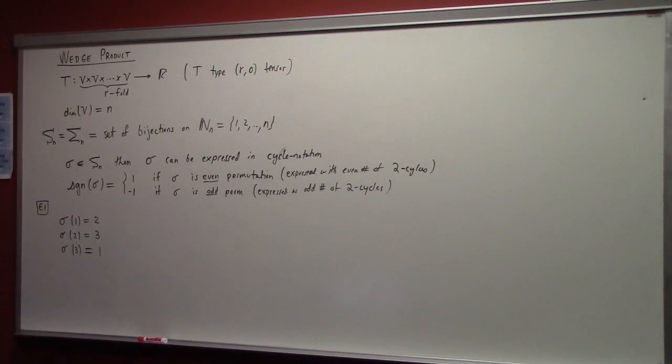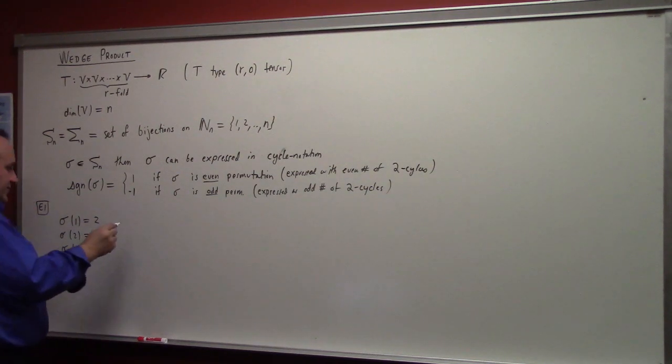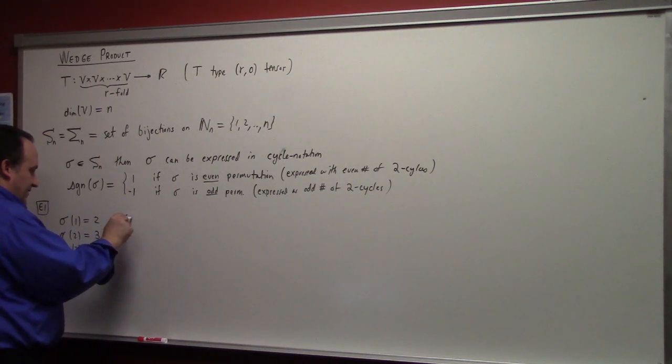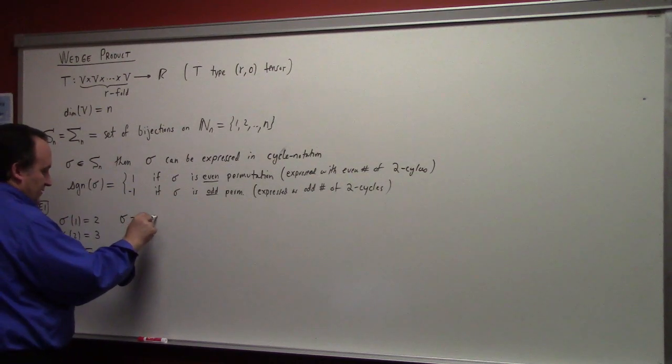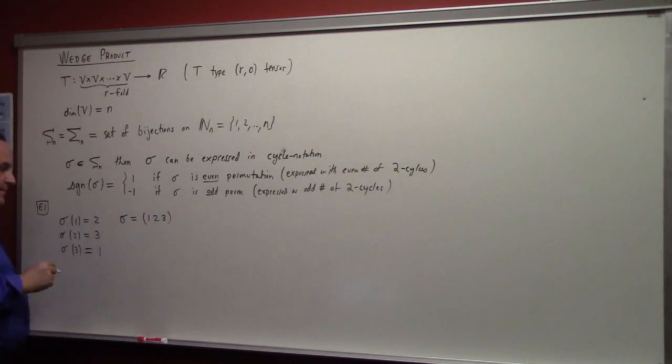Let's see here. So sigma, this is not cycle notation, obviously, but this in cycle notation would be sigma equal to (1 2 3), right? And is this an even permutation or an odd permutation?